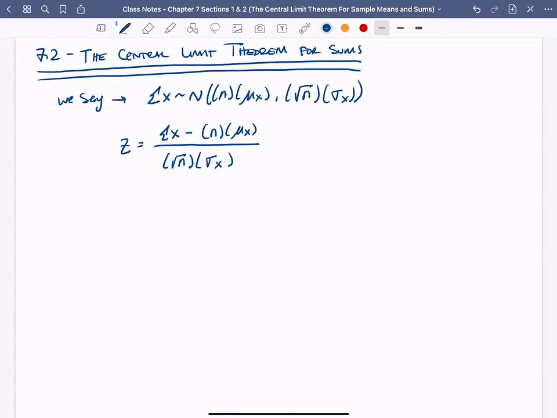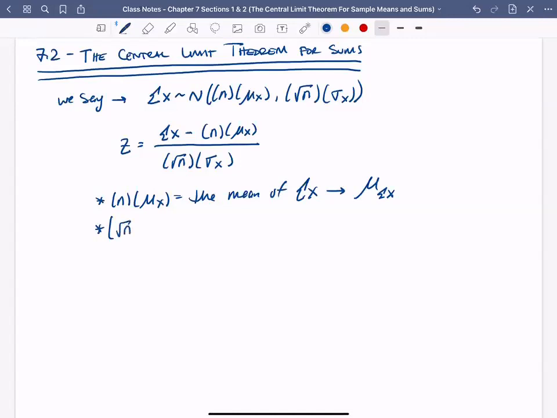I already said a couple of these things, but I'm going to write them down just so you have them. Remember that this is the mean of the summation of x, or we would say the mean, and then we would have summation of x subscript.